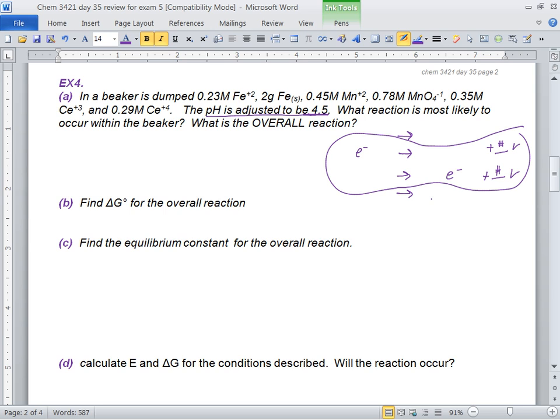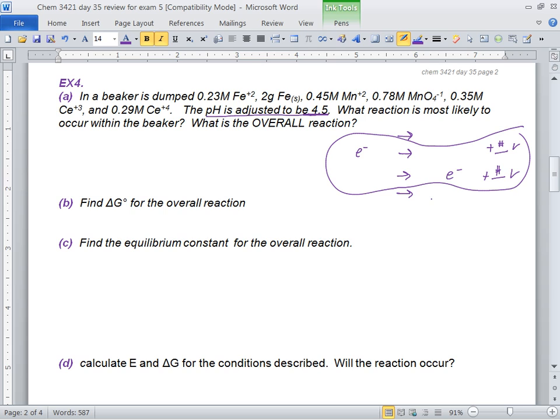And I don't care how many electrons are on each side. I just have to have something that's being reduced and something that's being oxidized, something reacting with electrons and something producing electrons to complete the reaction. So that's the game plan, and I use the table of reduction potentials to do that.